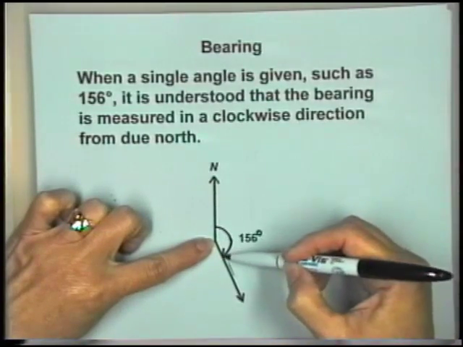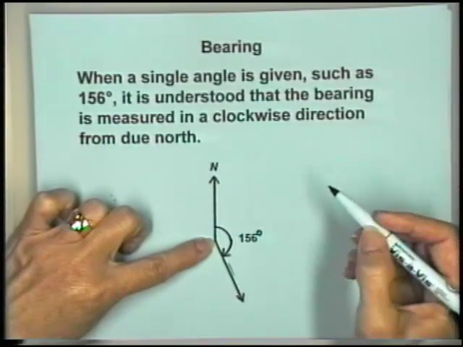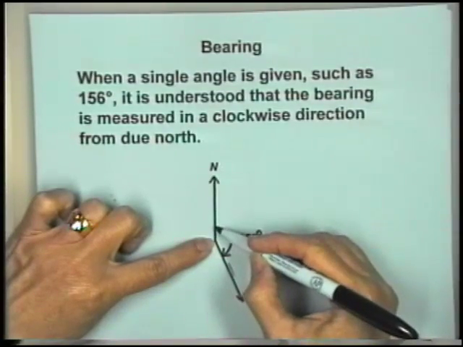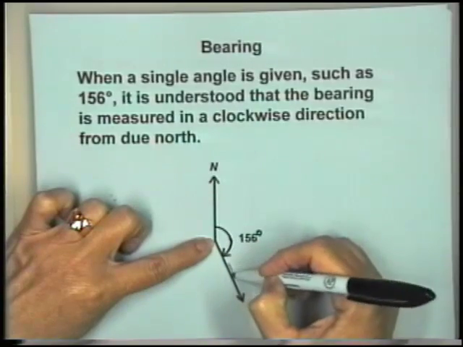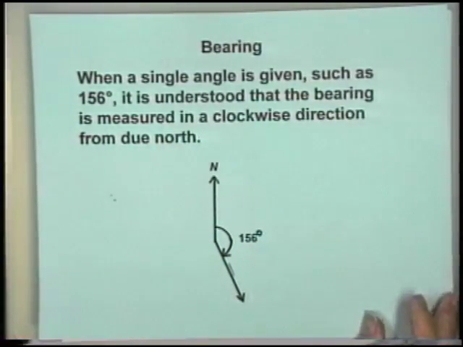Notice this angle right here is 156 degrees, and that's what we mean by a bearing of 156 degrees. That the angle between north and the direction that the plane is flying is 156 degrees.